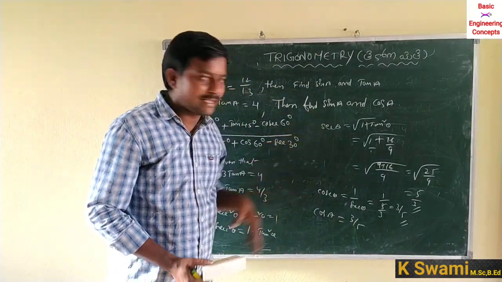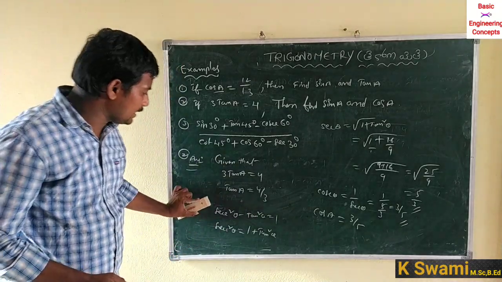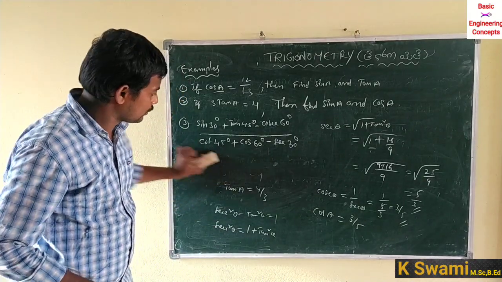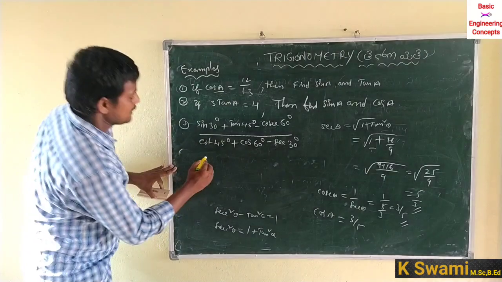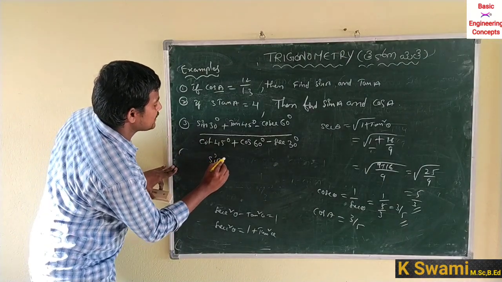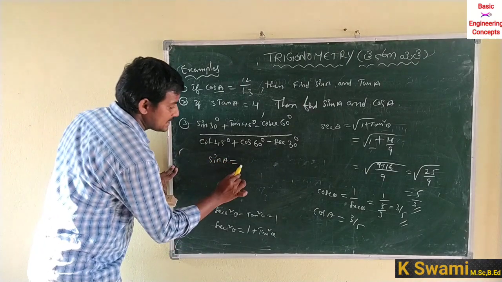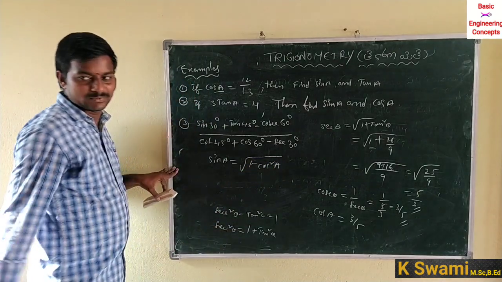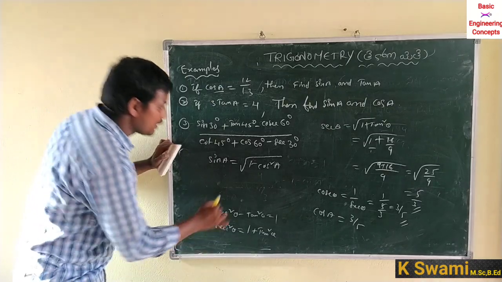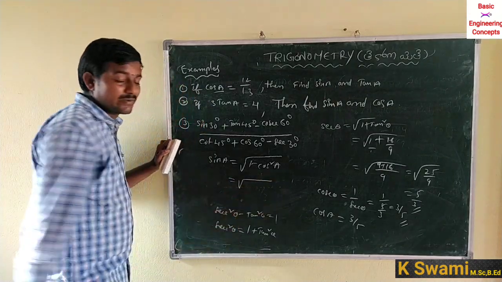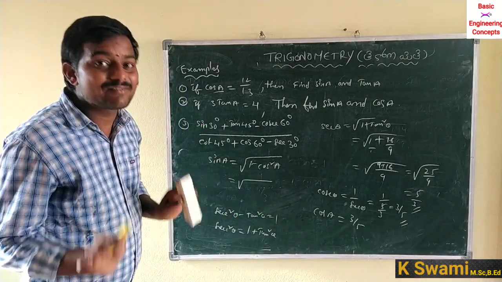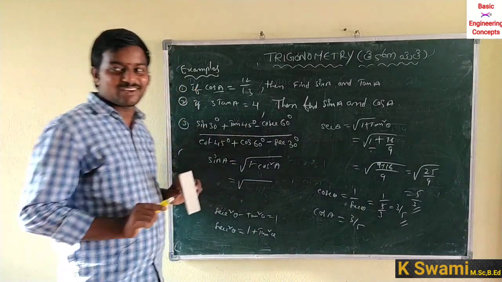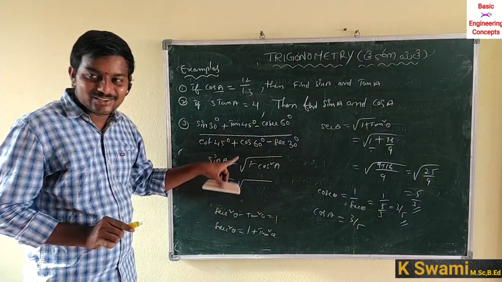And then find sin A. Sin A is equal to square root of 1 minus cos square A, because sin square A plus cos square A is equal to 1.